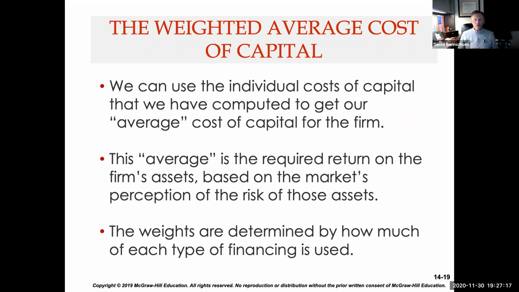Whether it's debt or equity, it's a measurement of how risky we perceive all of the assets of this firm, or the division we're referencing, to be. And the weights are determined by how much of each type of financing we're using within the firm.